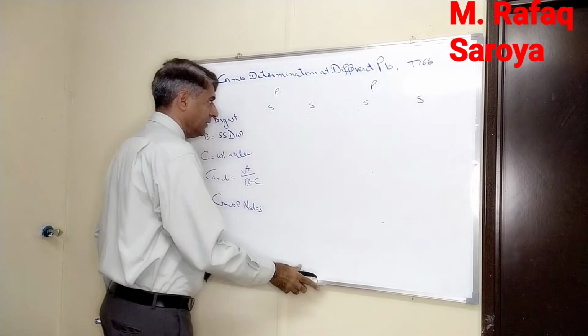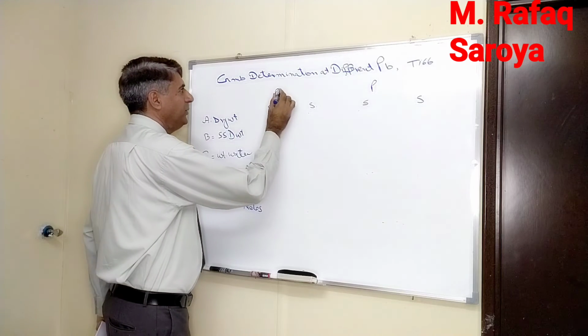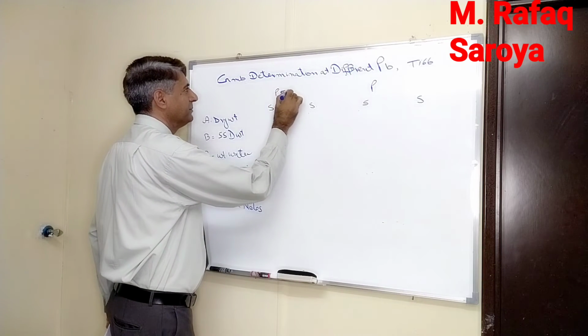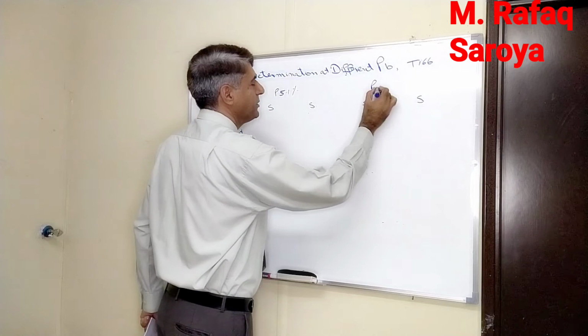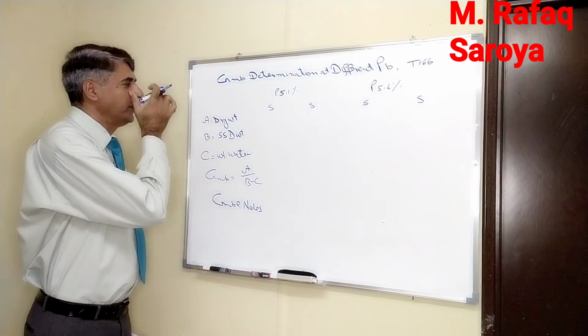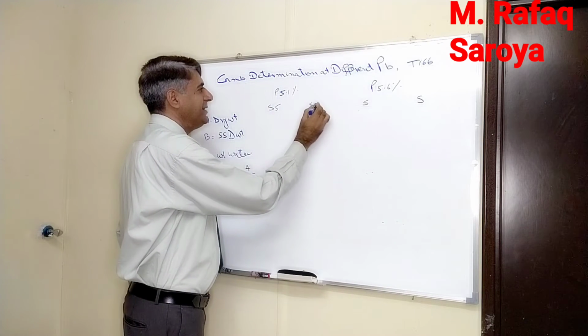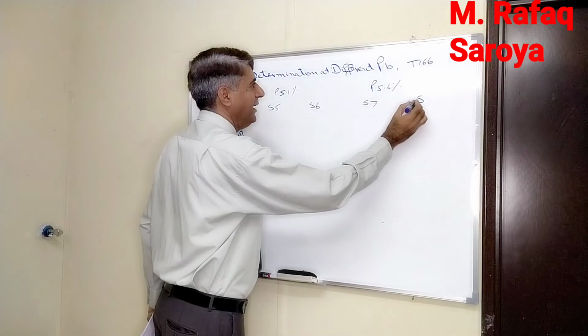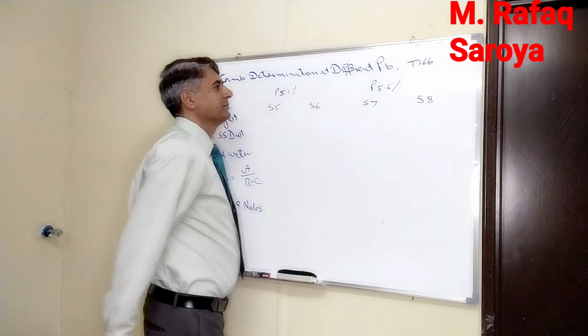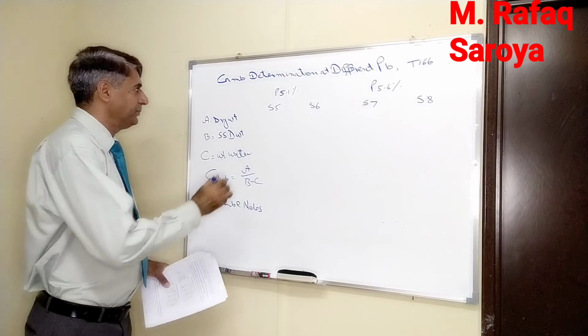Just for your understanding. Next, we have 5.1%, 5.6%. And what are the sample names given over here? S5, S6, S7 and S8. Now I will write down their values.